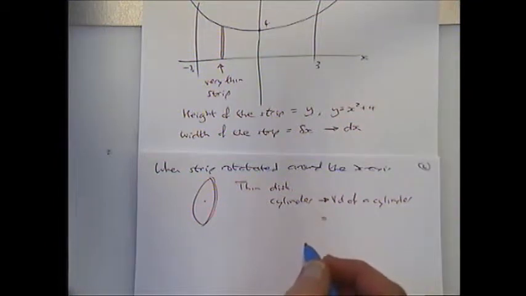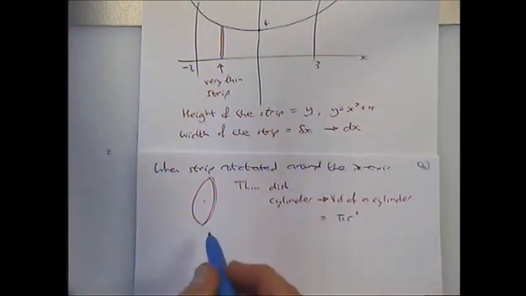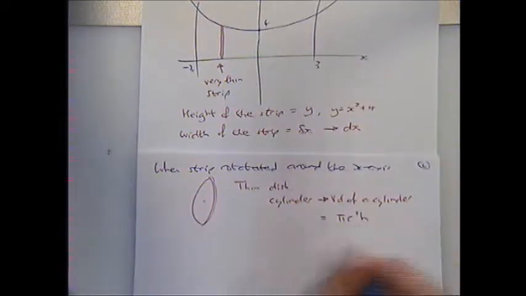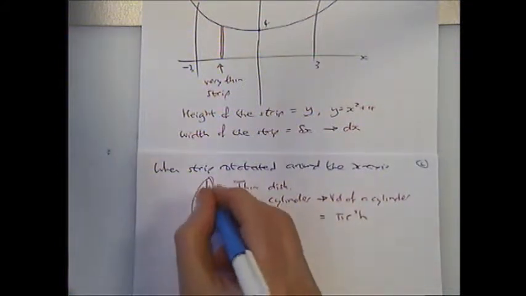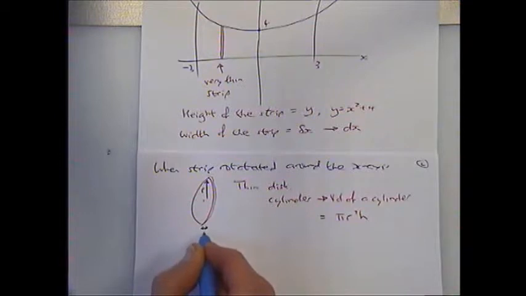Area of a circle? Pi r squared. And then you times it by the height, effectively, of the cylinder, how far the cylinder goes back. Okay? So here, r is going to be that, unsurprisingly. And the height is this little, it's going to be very thin here, it's going to be that distance there.